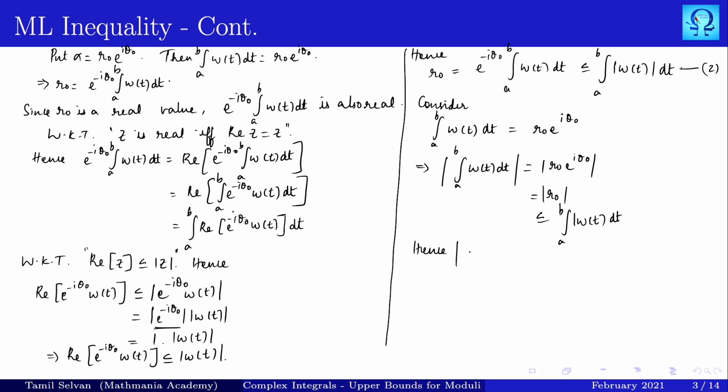Finally what we get is absolute of integral a to b w of t dt is less than or equals integral a to b absolute of w of t dt, and this completes the proof of the lemma.